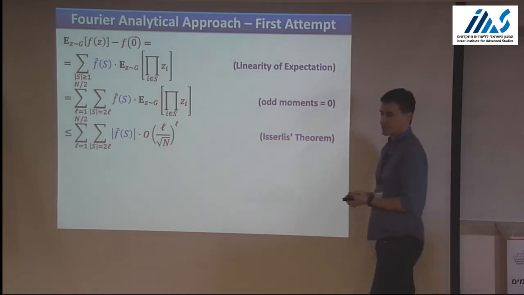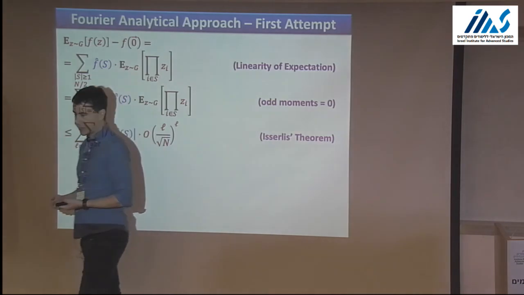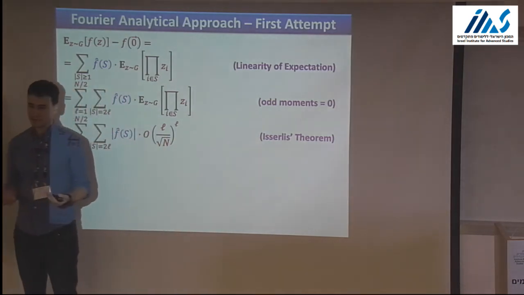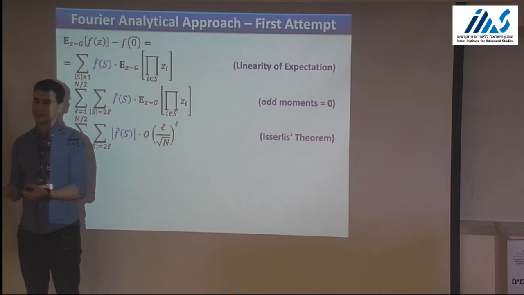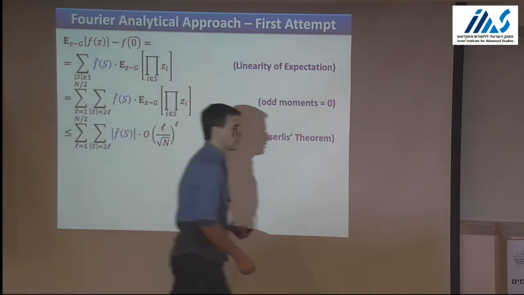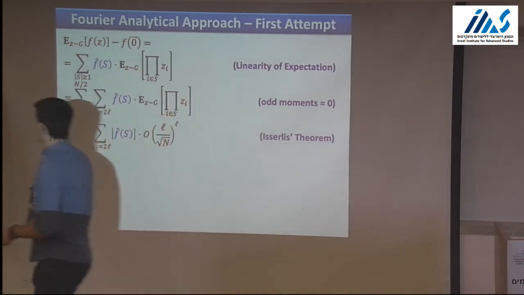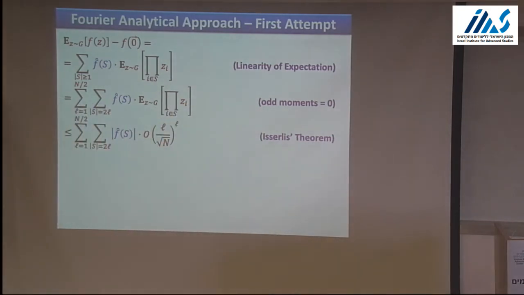Recall that this is a Gaussian distribution, and the Gaussian distribution is defined by the means and the covariance matrix. So in fact, we can calculate all the moments just from the covariance matrix. And the covariance matrix is fairly simple. It has a nice structure.